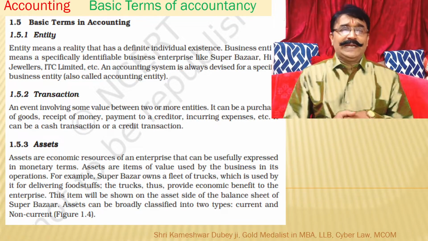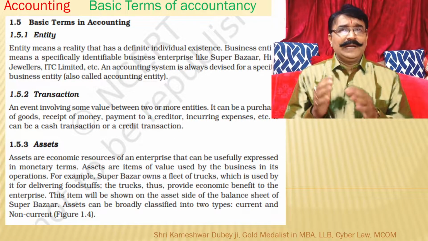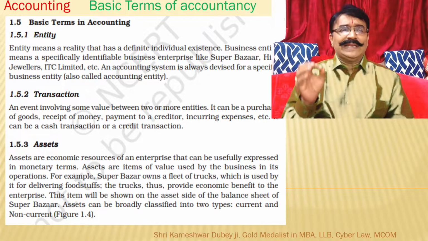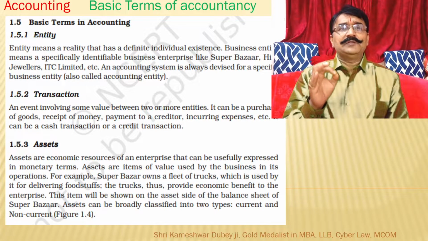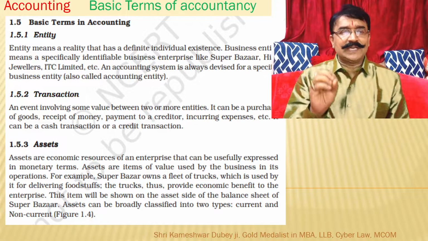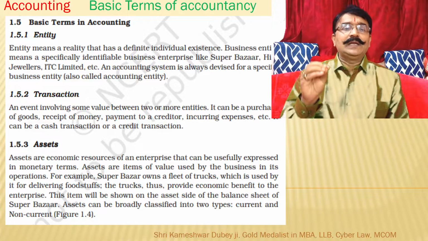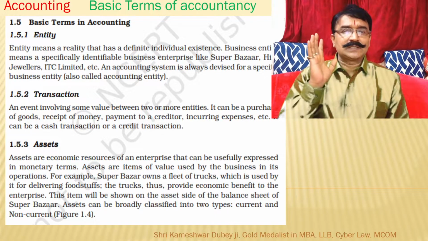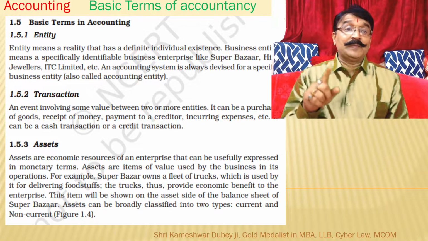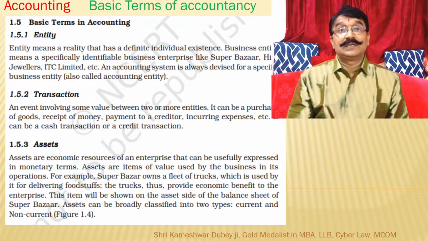First is entity. Entity means business entity, we say. Entity means a reality that has its individual existence. The moment we say entity, it means it has some definite individual existence. Business entity means a specifically identifiable business enterprise.